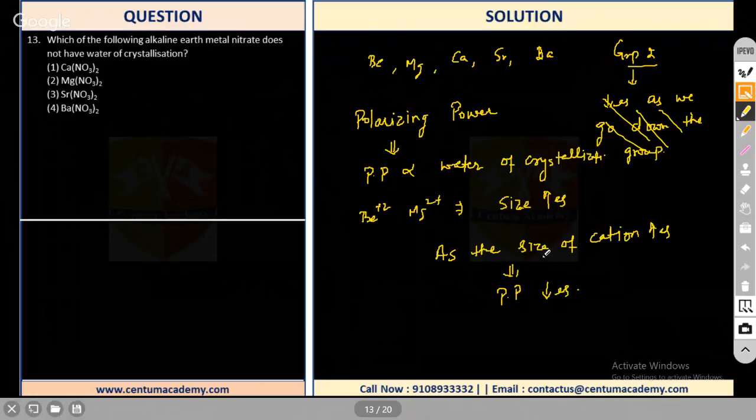Less polarizing power gives you less water of crystallization, and hence Ba(NO3)2 will have minimum water of crystallization, or there is no water of crystallization for barium nitrate. That is the answer we have here, option 4 or D.